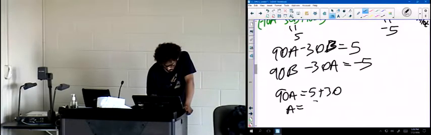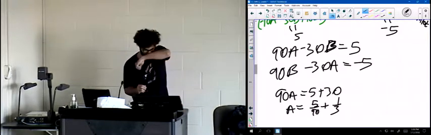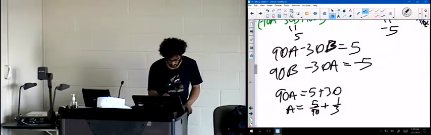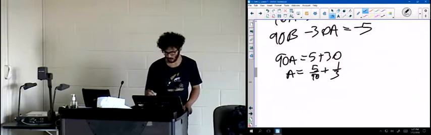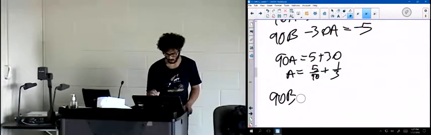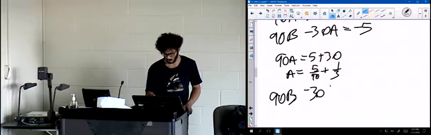And a equals 5 over 90 plus a third, sure. And so if that's the case, you just substitute that in for a. 90 plus 1/3.